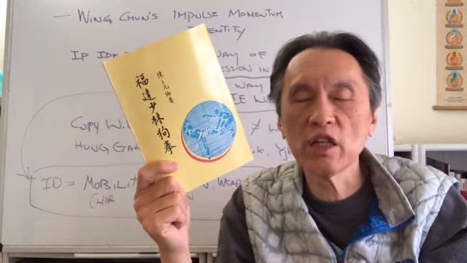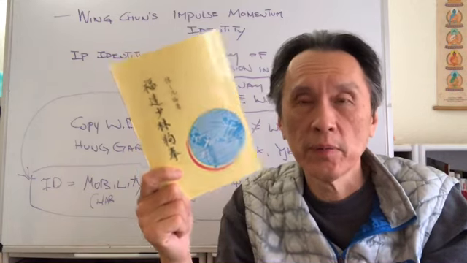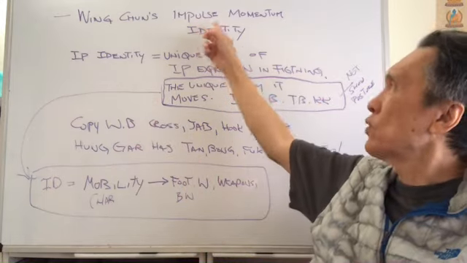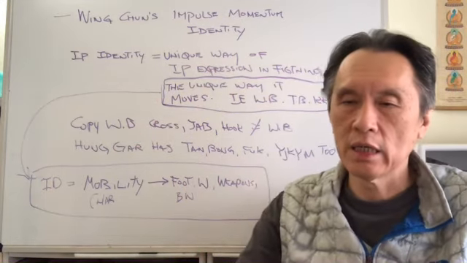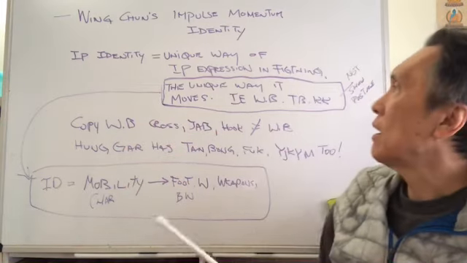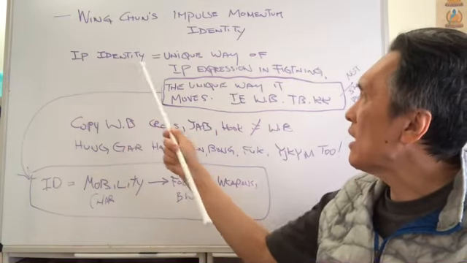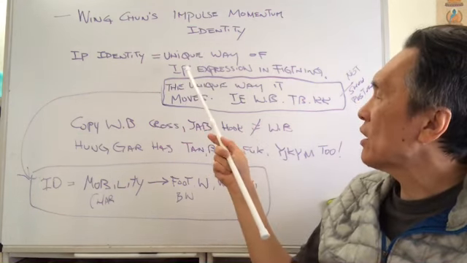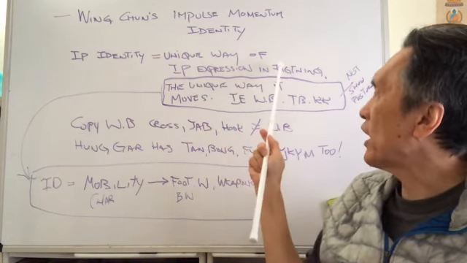This is Fujian Dog Fist. All of these arts have impulse momentum identity. So what is impulse momentum identity? Impulse momentum identity is the unique way of impulse momentum expression in fighting.